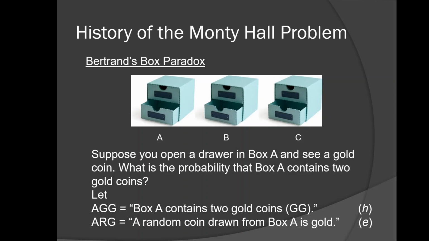Box A then must be the one that has two gold coins, or the one that has one gold and one silver coin. And it feels like it could be either one, and the odds are evenly split. So the intuitive answer is that if you draw a random coin from box A and it's gold, there's a 50% chance that box A is the one that contains two gold coins.